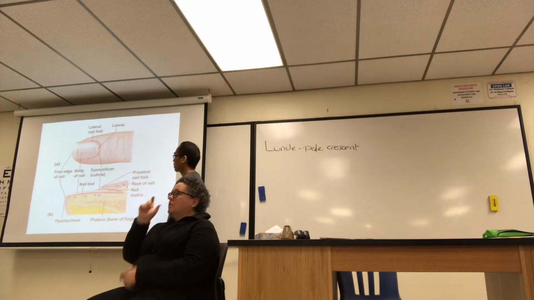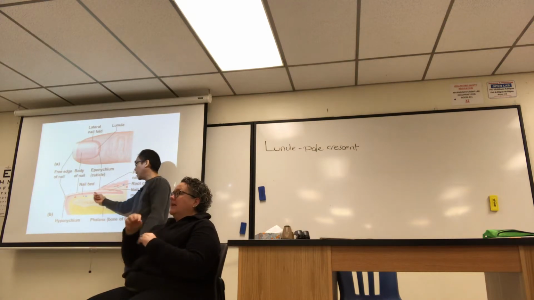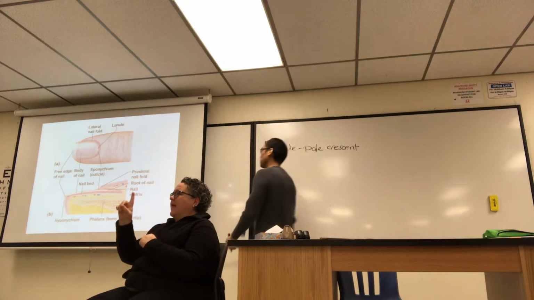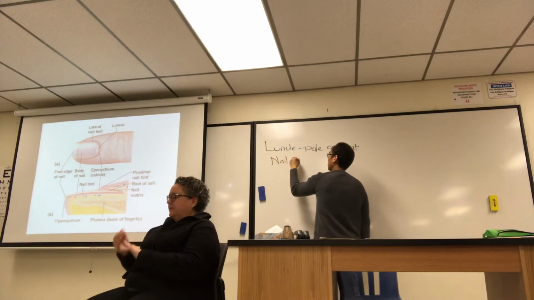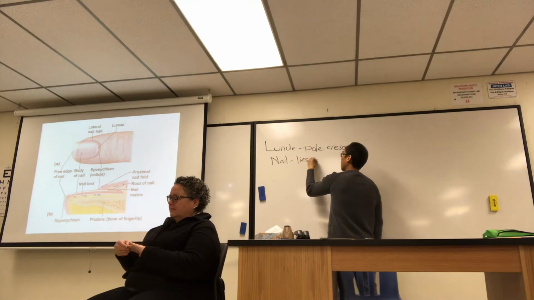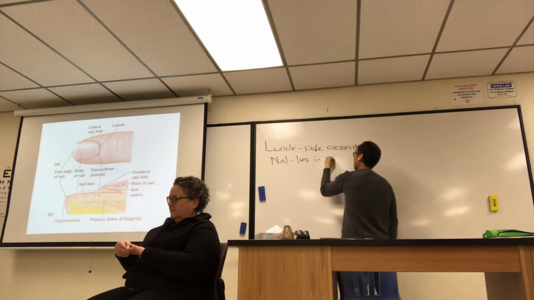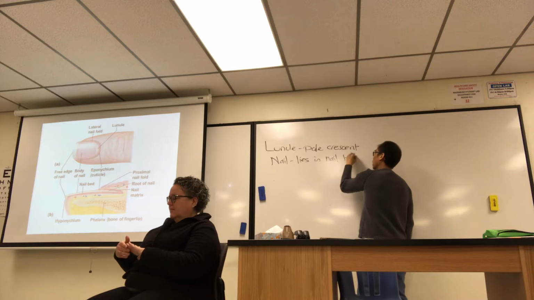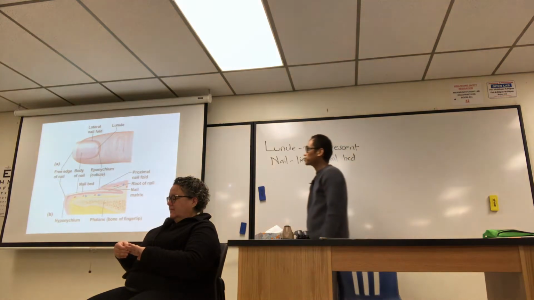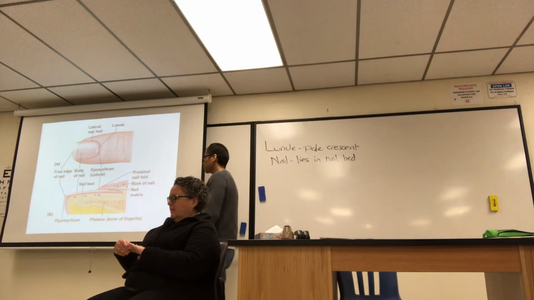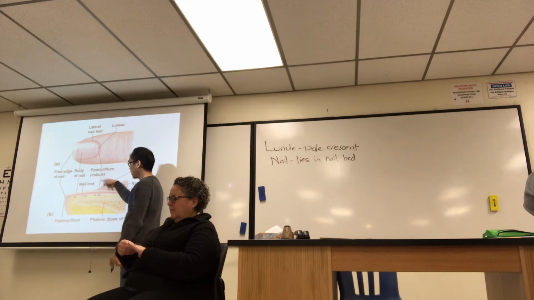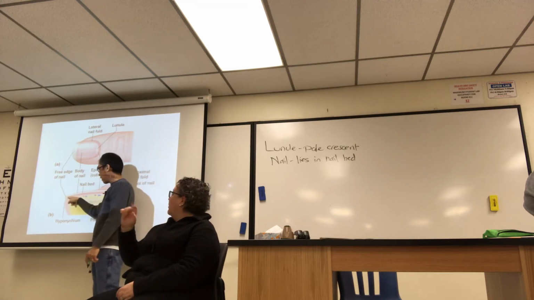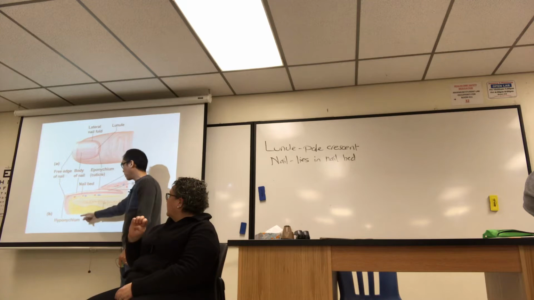But your nail lies in what's called the nail bed. The cuticle of your nail is also called the eponychium, and then underneath the free edge of your nail is the hyponychium.